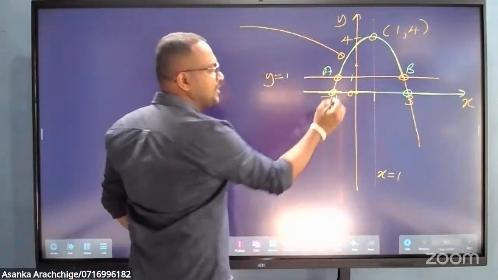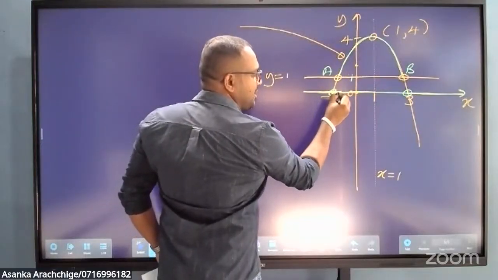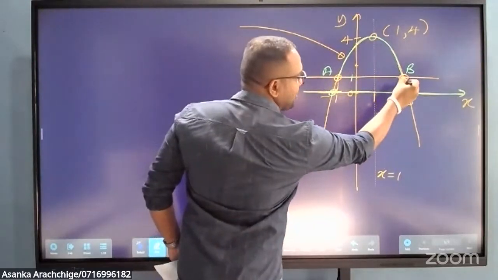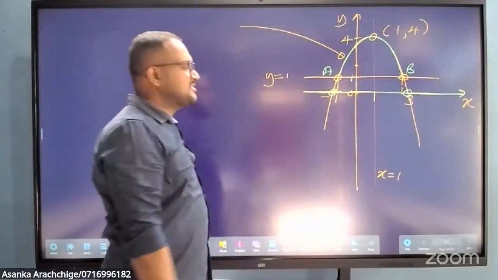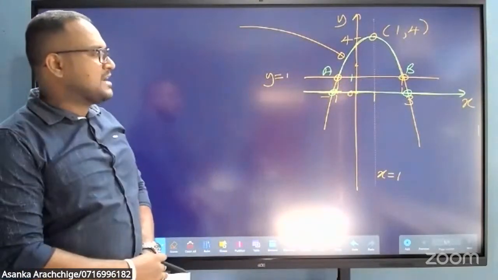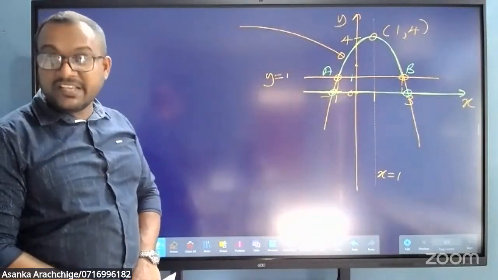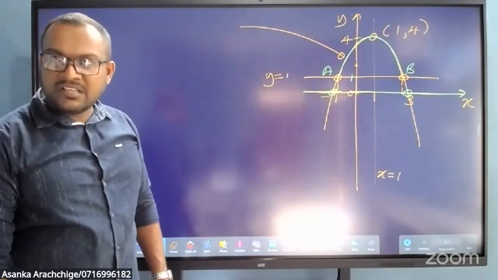Then you have to find the x coordinates corresponding to this point and this point. මෙන්න මේ points දෙකට අදාළ x coordinates දෙක. That must be a minus 0 point value. කීයද? minus 0.7.